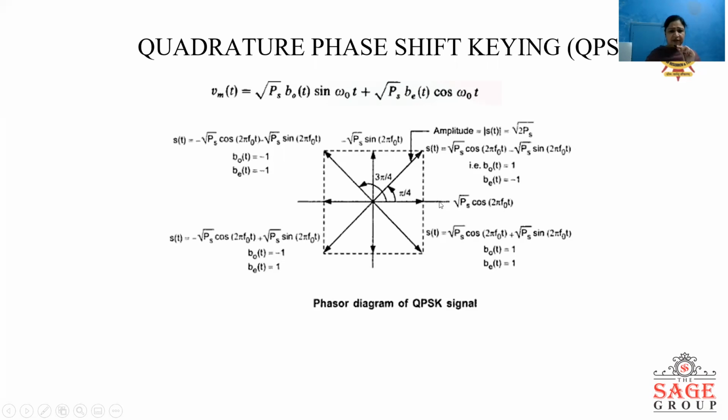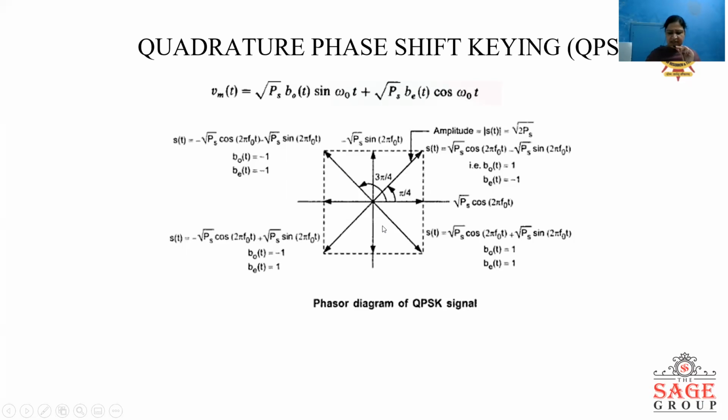So here we can see for bit combination B0T equal to 1 and BET equal to -1, we will have the resultant phasor which is represented by ST, which will have phase difference of 45 degrees from the reference direction of cos omega naught t. Similarly, all other three phasors are also represented here.